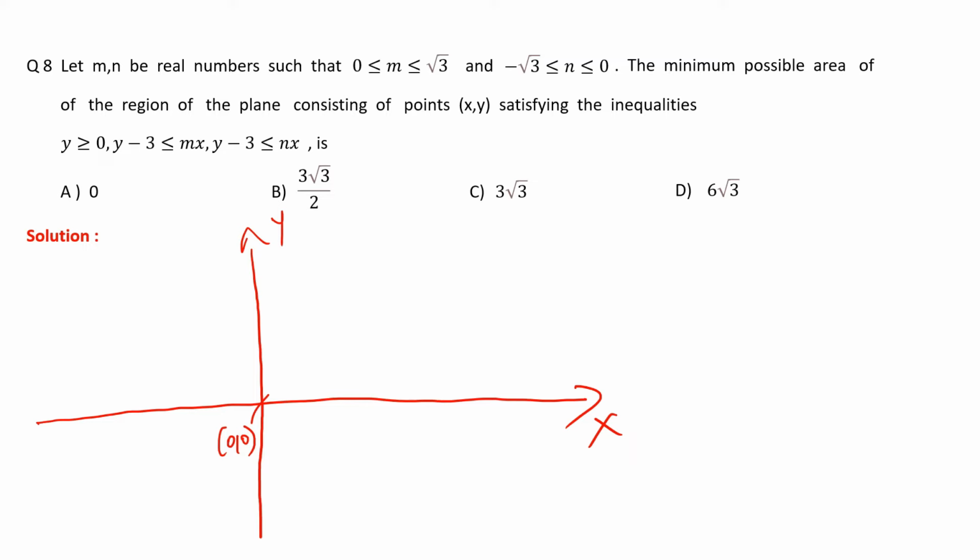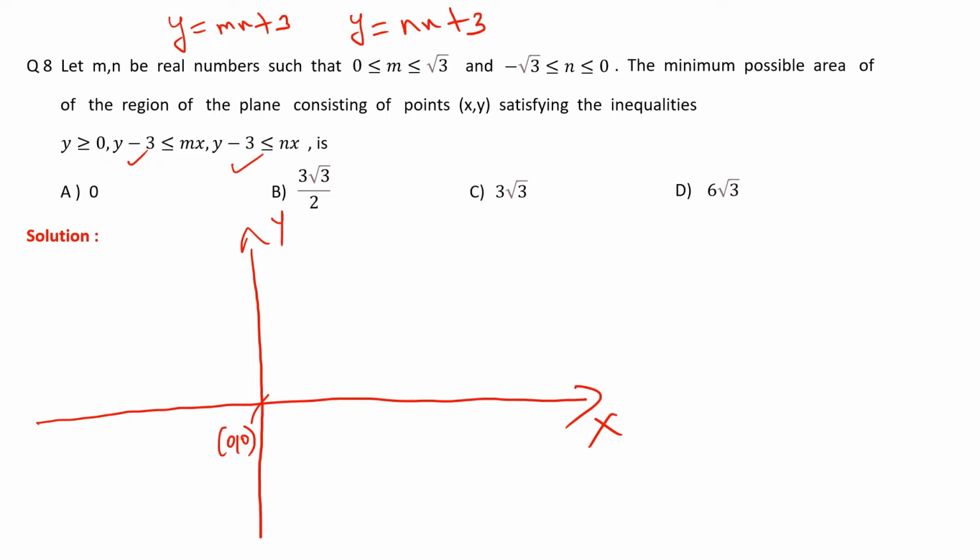And from y minus 3 less than or equal to mx, we get a line y equal to mx plus 3. And from the inequality y minus 3 less than or equal to nx, we get a straight line y equal to nx plus 3. Now, since n is negative, this is the line making an obtuse angle with the positive x-axis, y equal to nx plus 3.